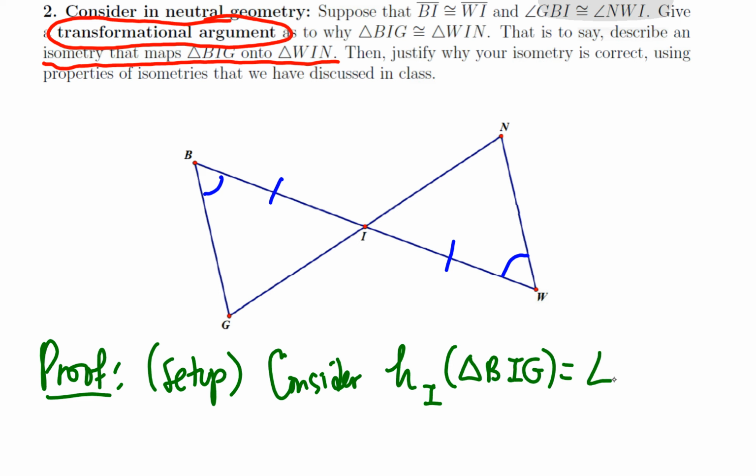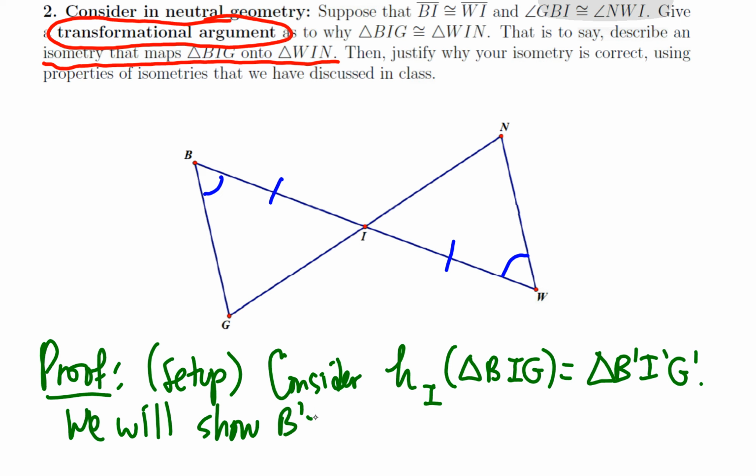And we're going to denote this by triangle B prime, I prime, G prime. We will show that B prime is W, I prime is I, and G prime is N. And some of these arguments are easier than others.